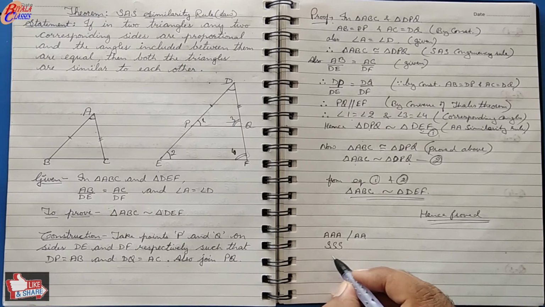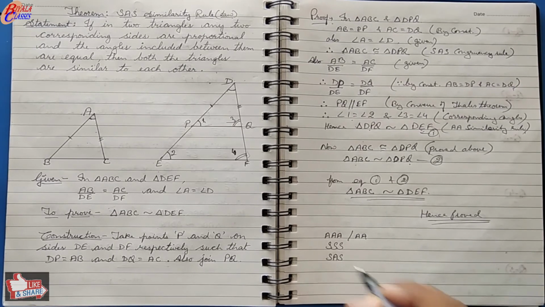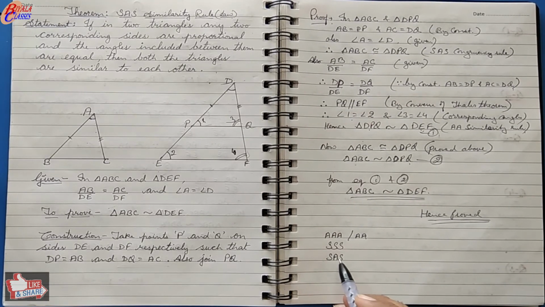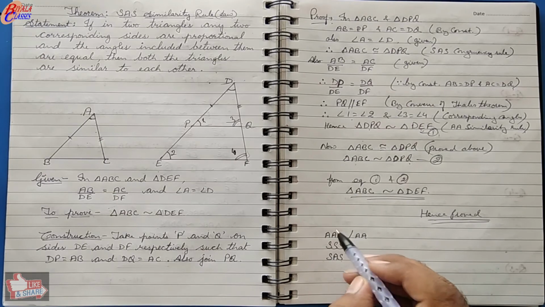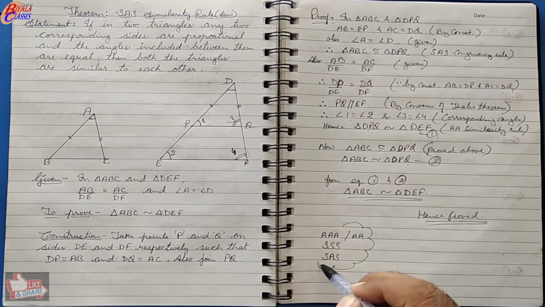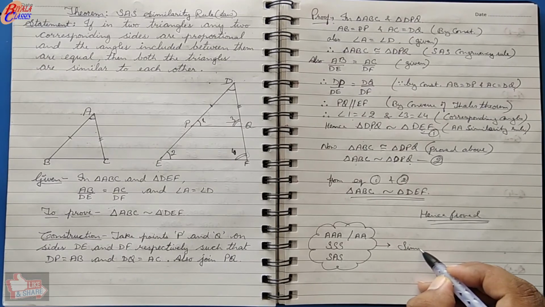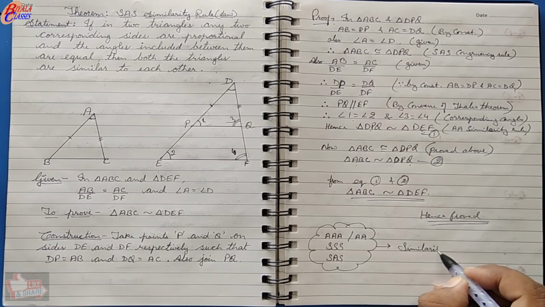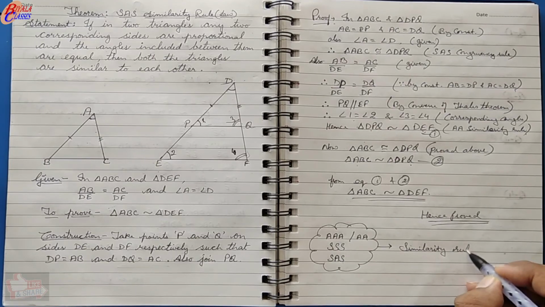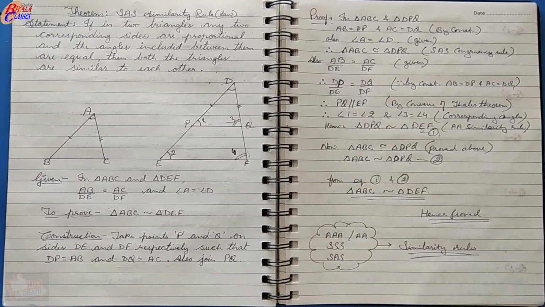And the third one is SAS. If two sides are proportional and their included angle is equal, then the triangles are similar. So these are the three similarity rules, based on which we can prove two triangles similar to each other.